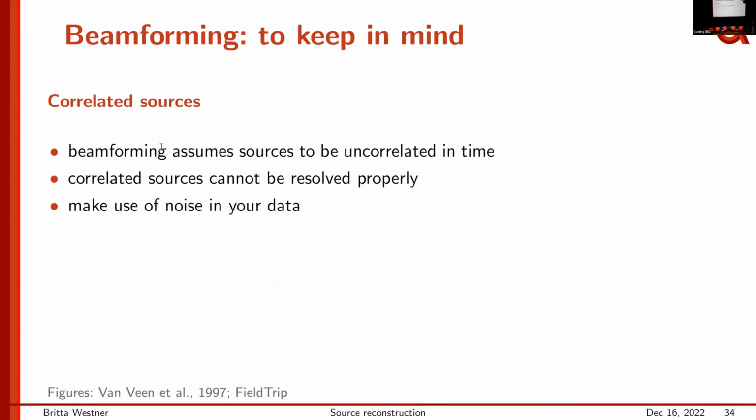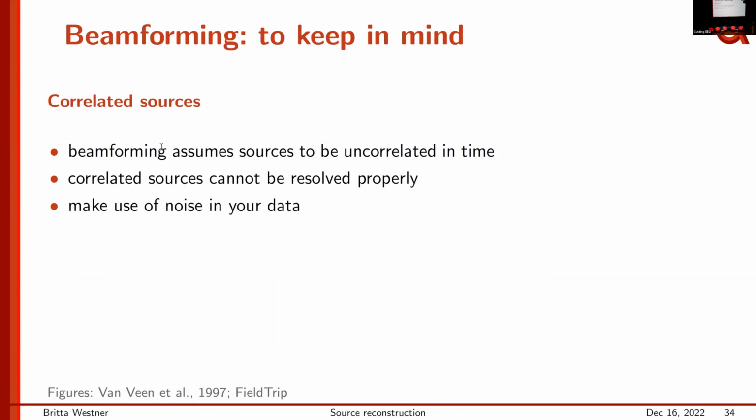One thing we can do is make use of the noise in our data, which they back then couldn't. Why couldn't they? Computationally heavy procedures back then were not as easy as they are today. Your cell phone is probably more powerful than the computer that was standing in most offices back then.